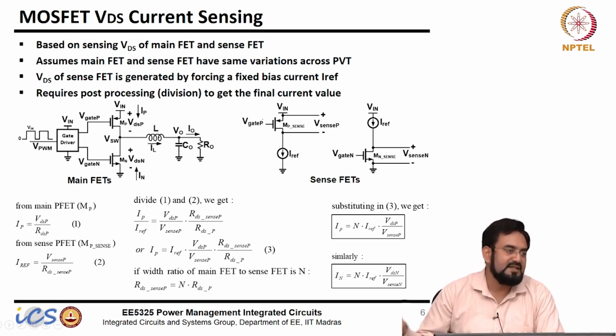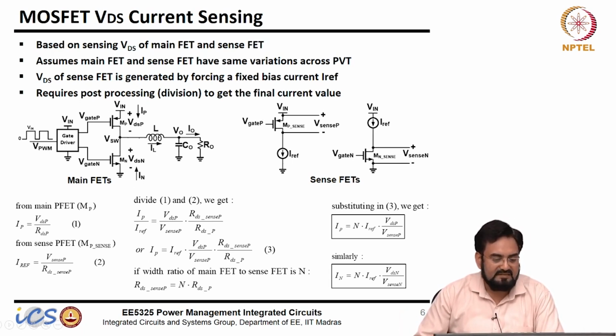Both are operating in linear region basically when they are turned on. This guy will carry the load current, and this guy will carry IREF current, which is fixed. So this voltage is fixed, which I called V sense, but this voltage may vary.